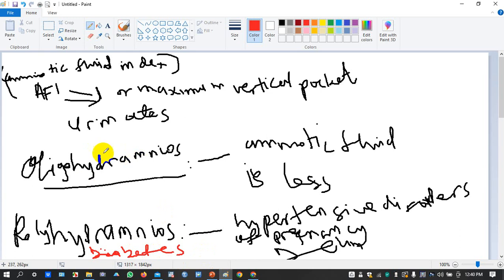So what we need is a normal amniotic fluid index, normal AFI. AFI is what we require in a normal pregnancy.